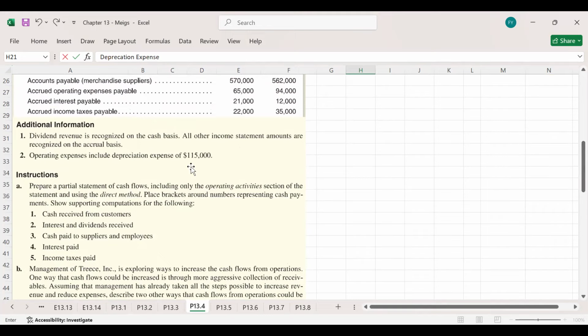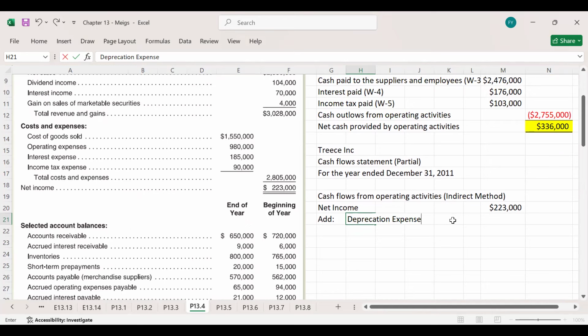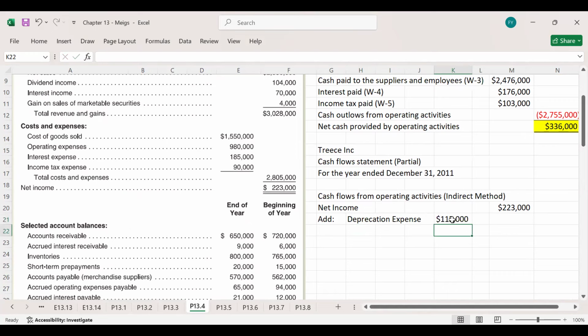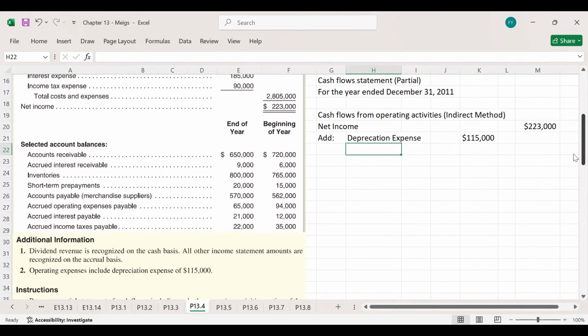You can see this one, $115,000. So depreciation expense $115,000. So then we have, if we have any increase and decrease in working capital, now we can check it.